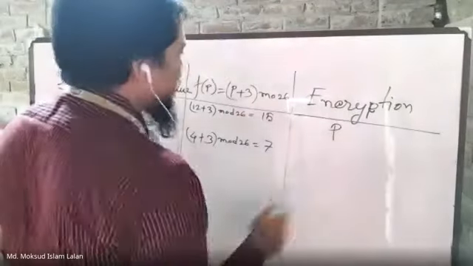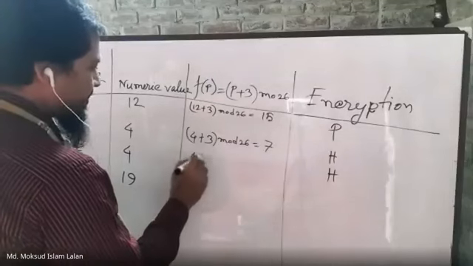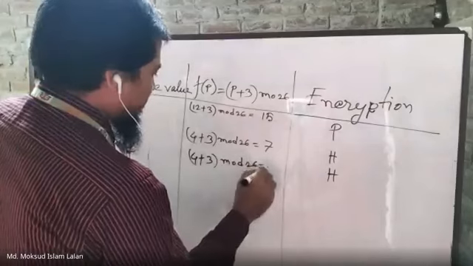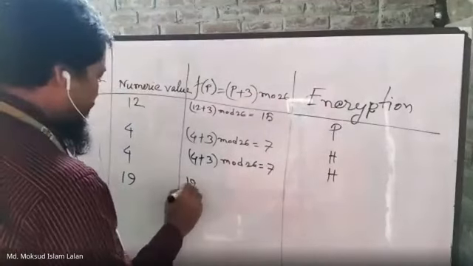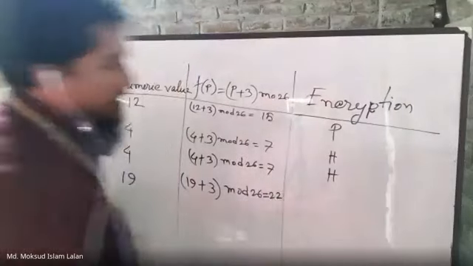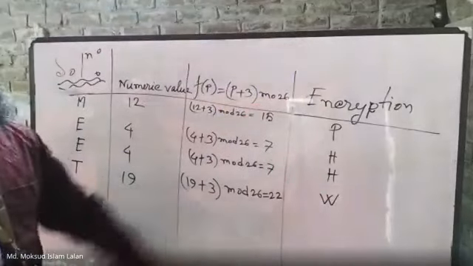And for 7 the letter will be H. Then 19 plus 3 mod 26 equals 22, which is W. Okay, we have done it.